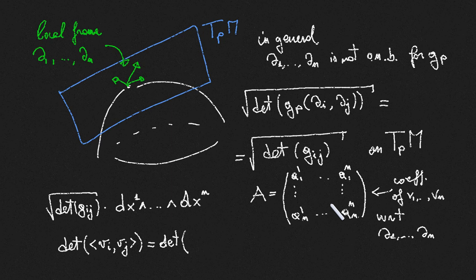So this is the determinant of a_ik g_kh a_hj.